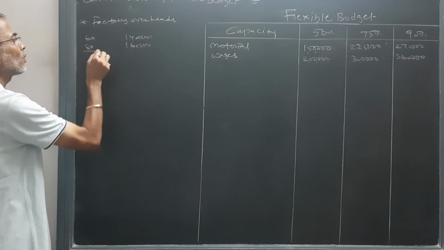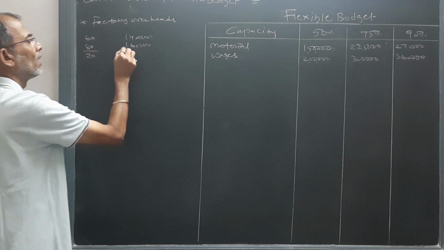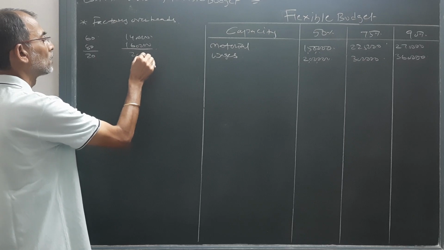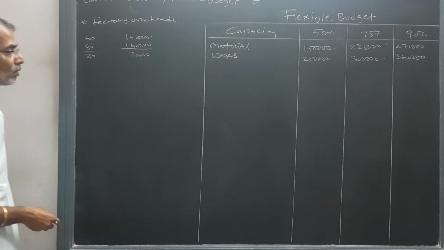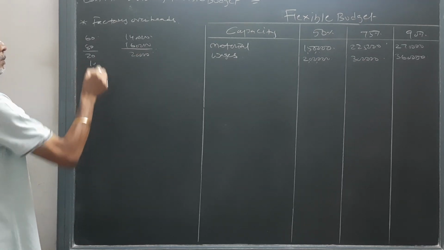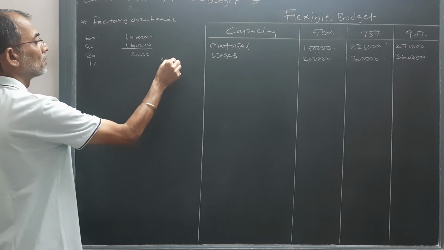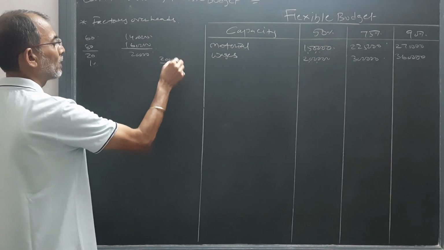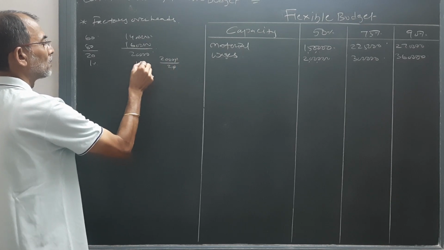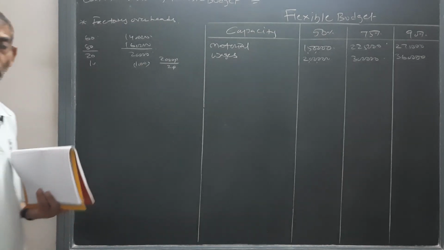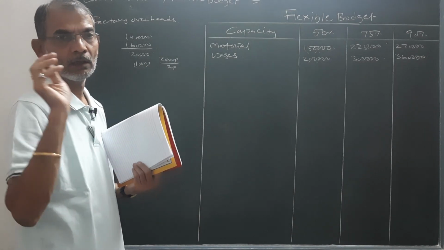So the difference of percentage is 20 and the difference of amount is also 20,000. So for 1%, that is 20,000 divided by 20, now for 1%, that is 1,000.